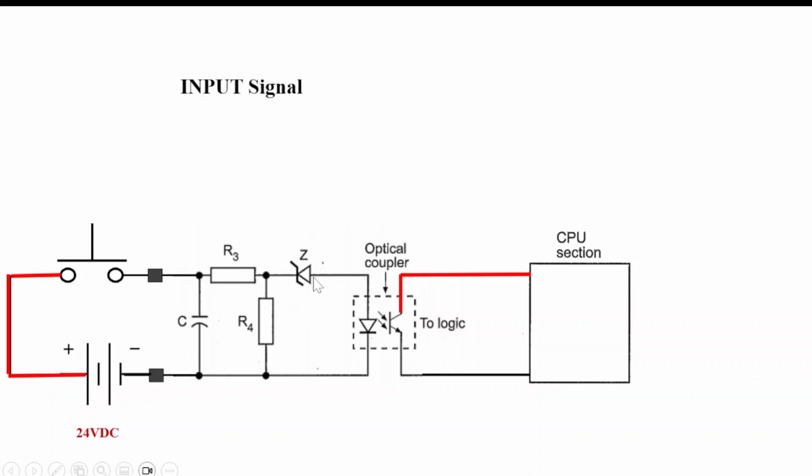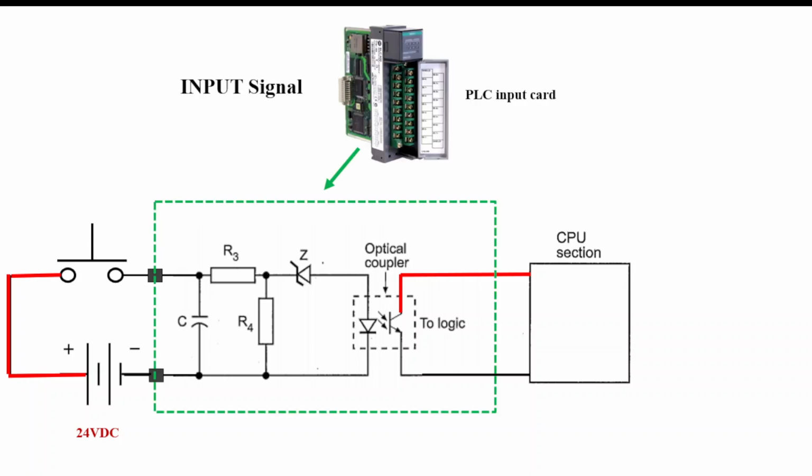This is a Zener diode, which is used to help regulate any voltage that is coming back through this diode. These resistors are in place to try to lower the current value, and this capacitor here is used as a filter. So it's trying to regulate the voltage and the current that is going back into the optical coupler. So this is all inside the PLC input card.